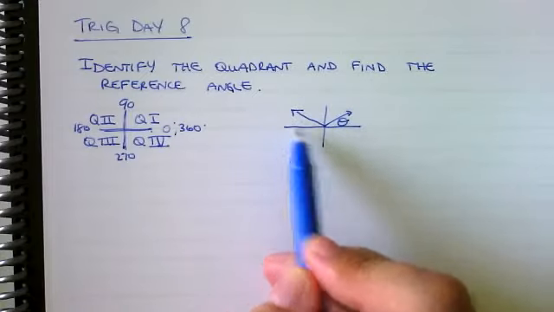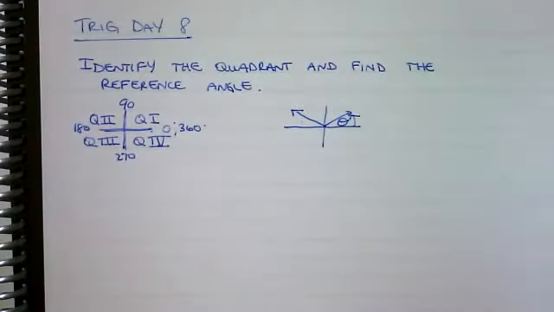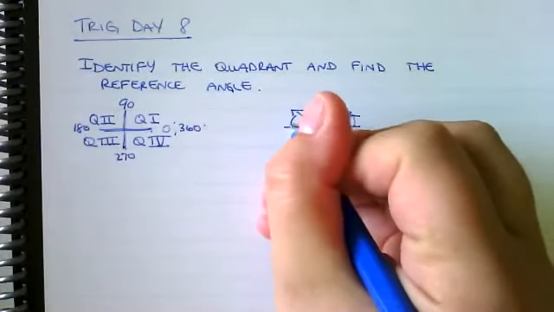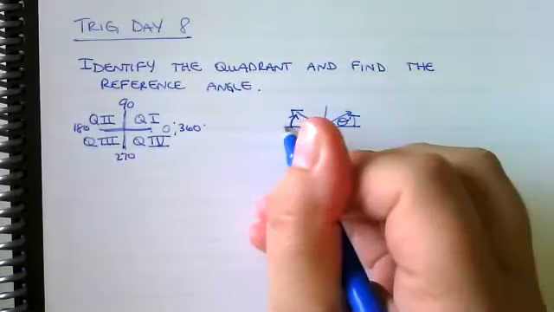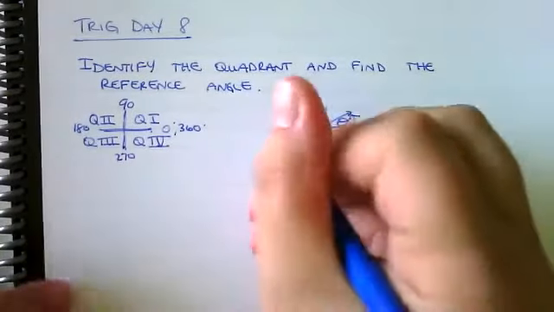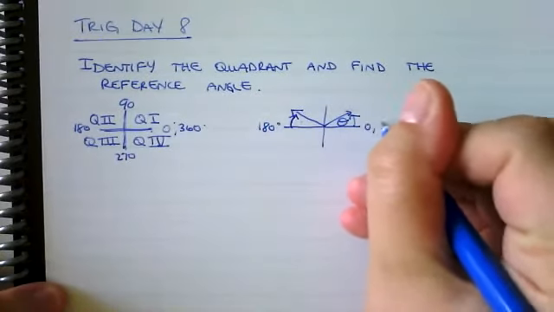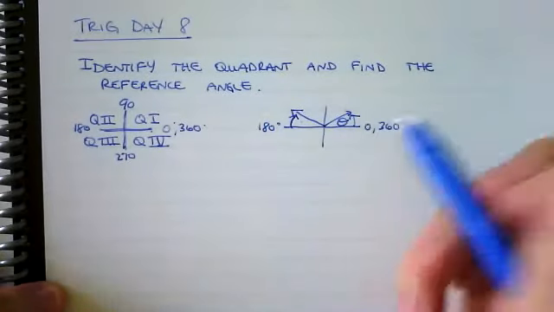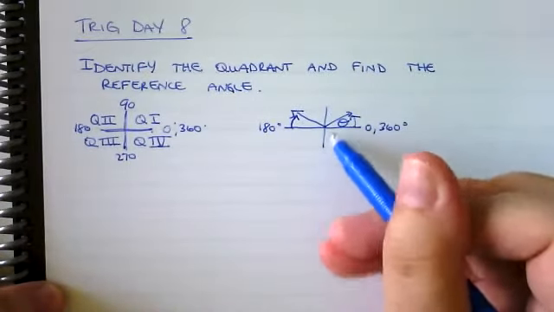I'm always trying to measure from the x-axis to the angle. So I'm trying to look for this angle. To find that, this is 180 degrees over here. This is my 0 and 360 degrees. So if I'm measuring from the x-axis, I do not care about 90 degrees. I do not care about 270.